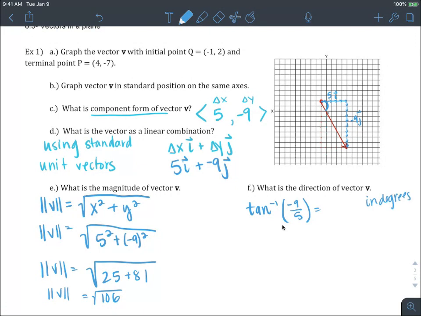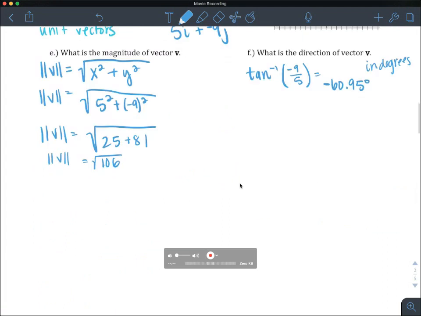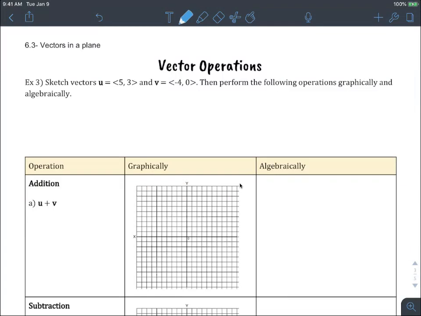Inverse tan of -9/5 is about -60.94 degrees. All right, so that is our first example. Let's do another video for vector operations.